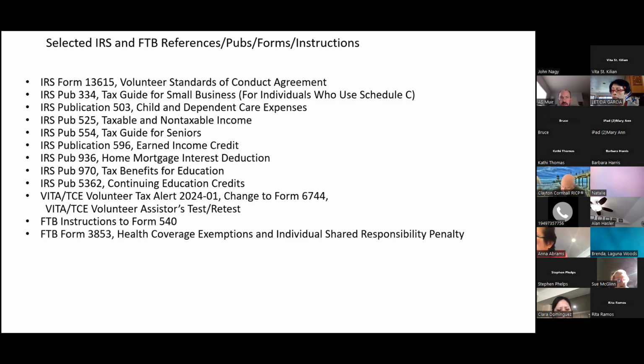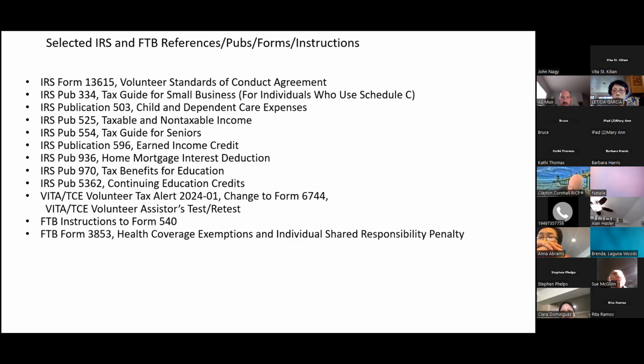And then another pub that you may not have seen if you're new or newer to the VITA program, that's 554. When you're talking about senior citizens, typically that's defined as 65 and older. There are provisions that apply to them that do not apply to the rest of us. And you're saying, well, Jerry, why is that?